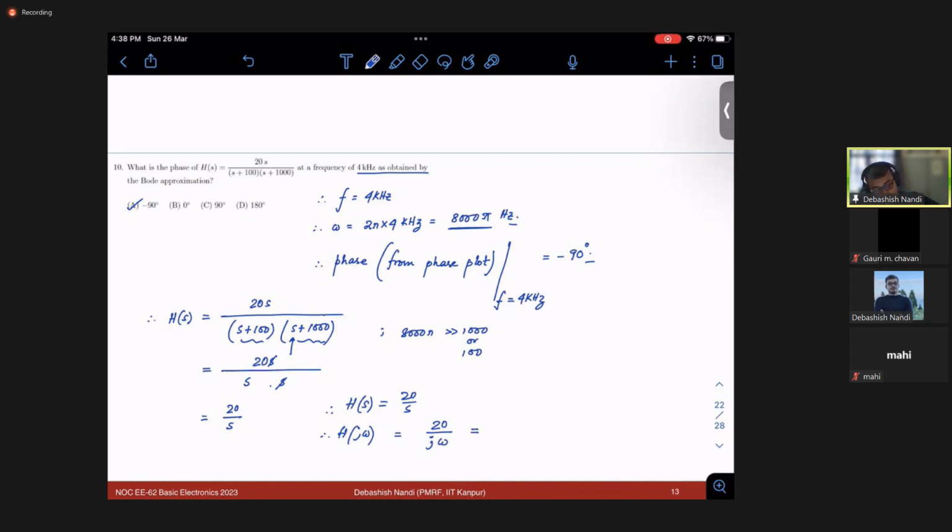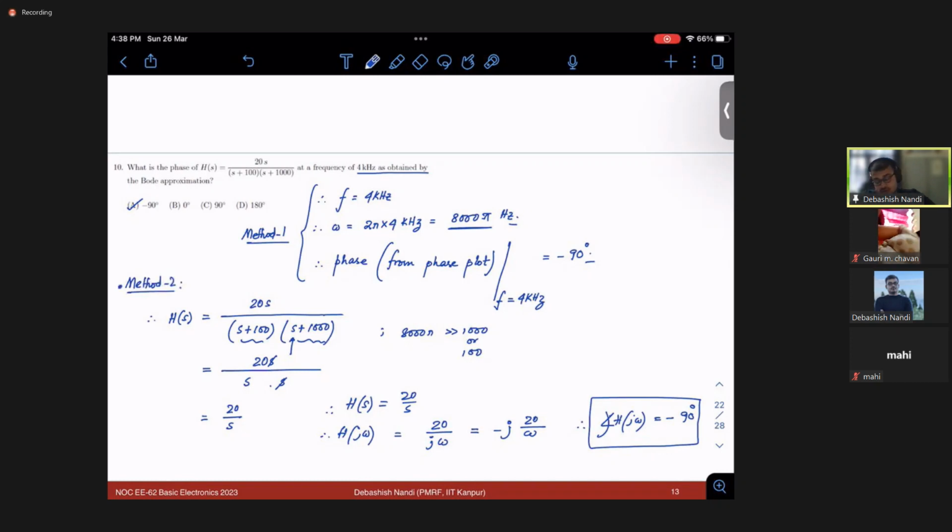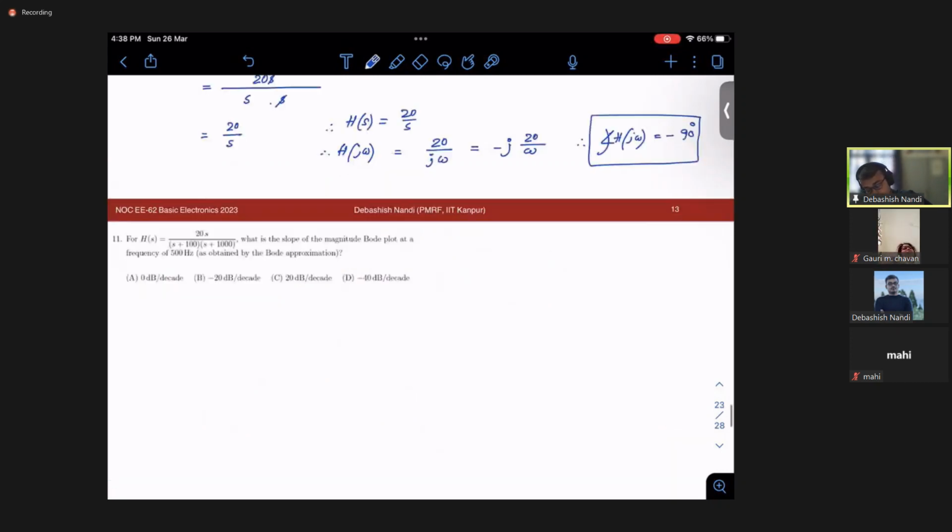And that is nothing but minus j of 20 by omega, and the angle corresponding to this is minus 90 degree, right? This way also you can do it. This is method 1, this is method 2. Okay, so moving on to the next problem.